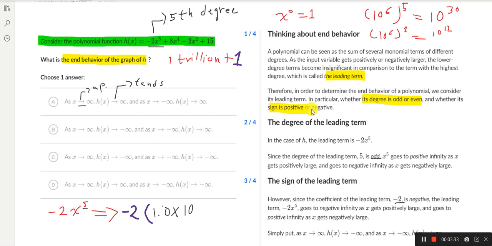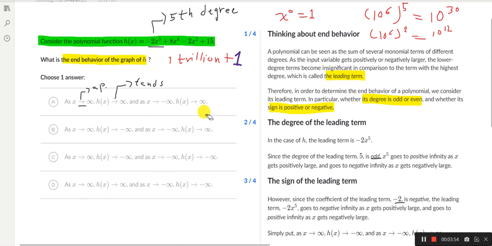So these are the three things to consider: the leading term, whether the degree is odd or even, and whether its sign is positive or negative. Now let's take a look at the problem here. Let me delete this part so that you are less confused.